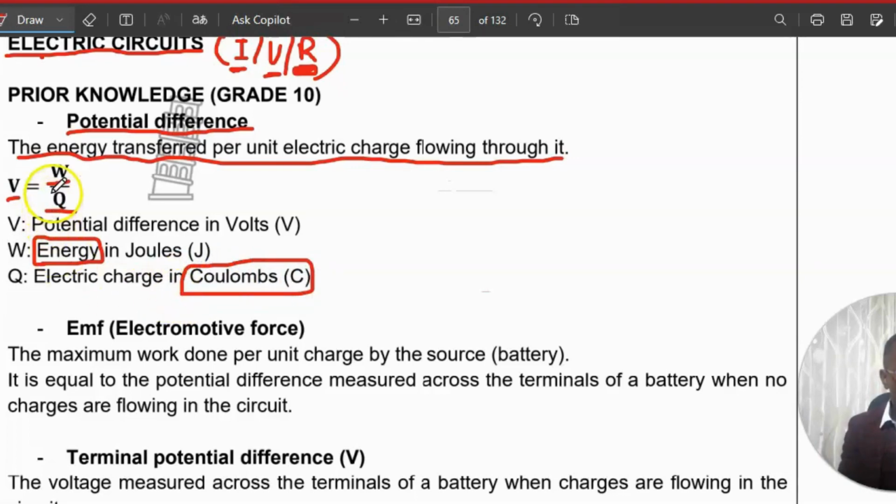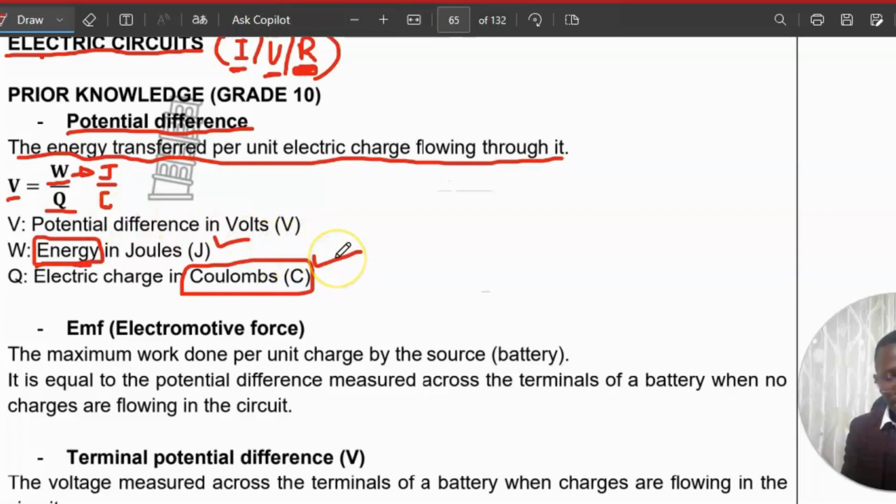So how would you define the potential difference? Potential difference is the amount of energy required to move a single coulomb charge. It is the amount of energy, that is in joules, needed to move a single coulomb charge.